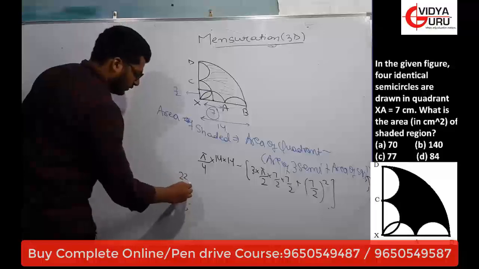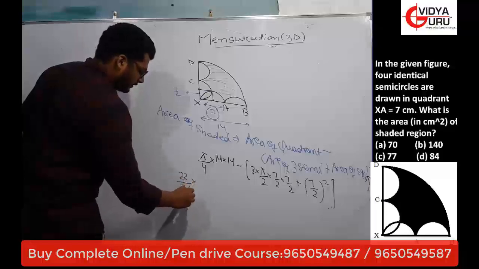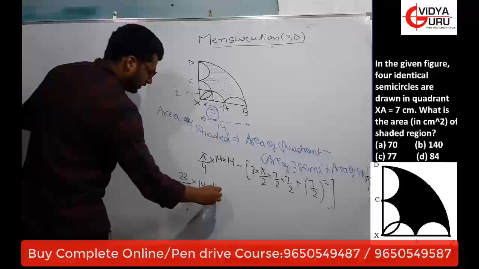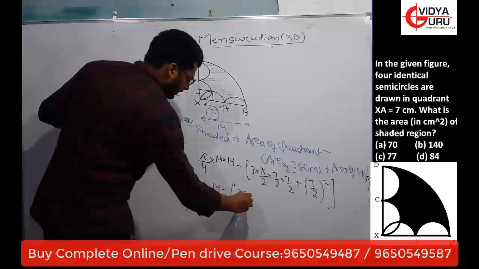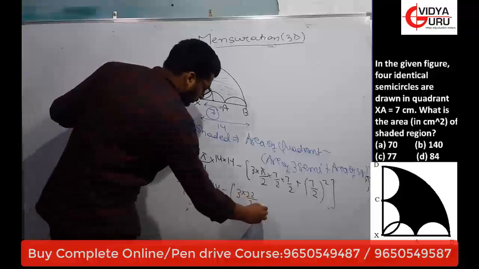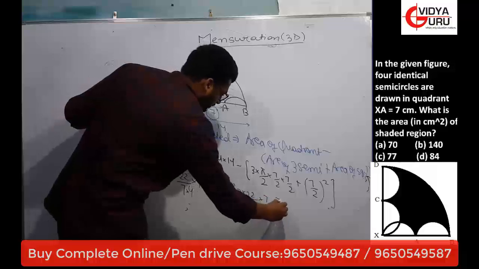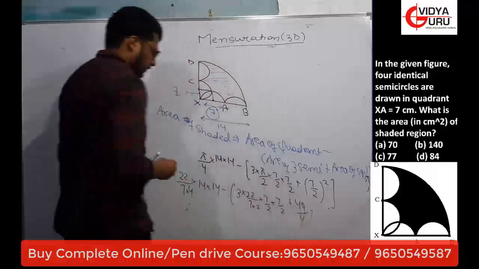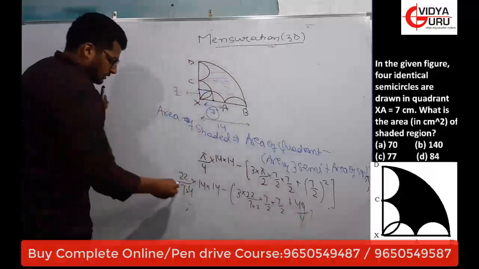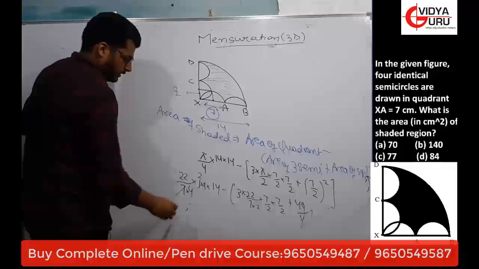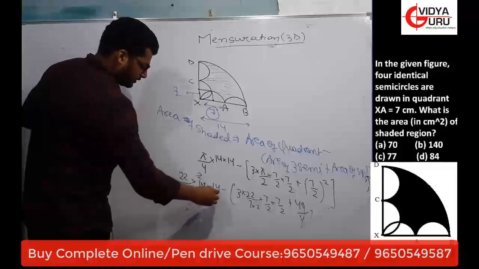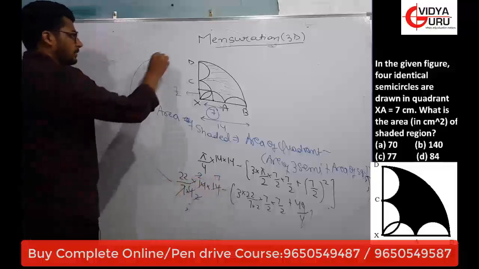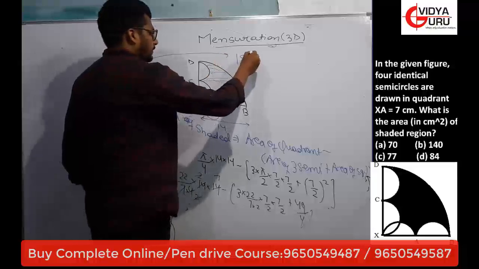So if I put the value of pi, 14 into 14 minus 3 into 22 by 7 into 2, 7 by 2 into 7 by 2 plus 49 by 4. 7 2 times 14, 2 2s are 4, and 2 7 times 14. If I solve this here, this will come 154.